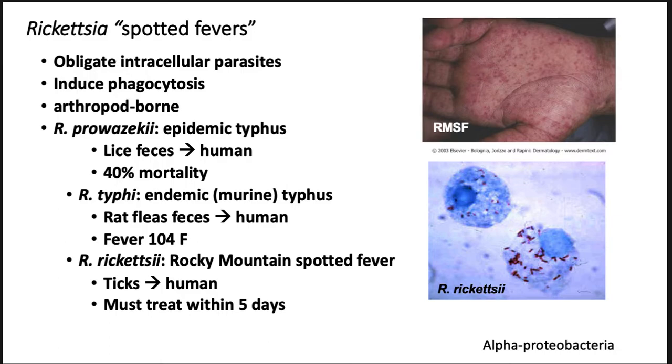And then you have Rickettsia typhi, which is known for endemic typhus. So you have to be very careful not to confuse these two, right? So prowazekii is epidemic, and you can remember P for prowazekii and P for epidemic. And then typhi is endemic, also known as murine typhus, for rats. So it's the feces of the fleas on the rats.